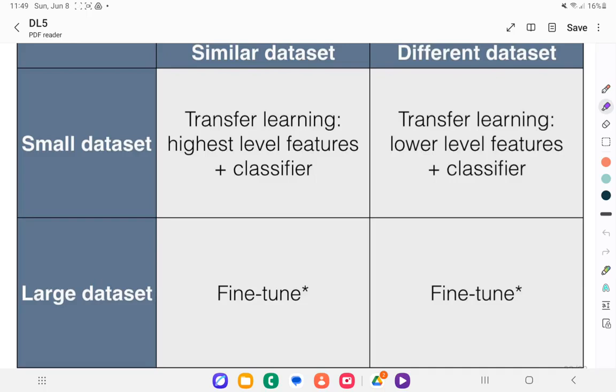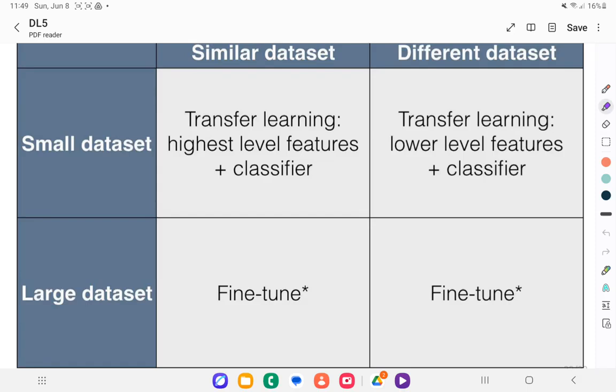So this table is like a map for you, right? You compare the source and destination task. If you have similar tasks, then you compare the size. If the destination task is smaller, then you go for transfer learning.